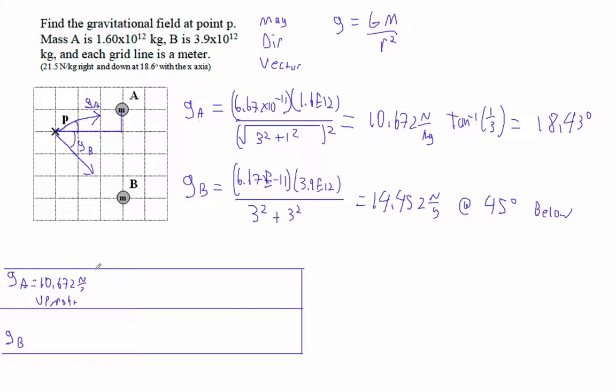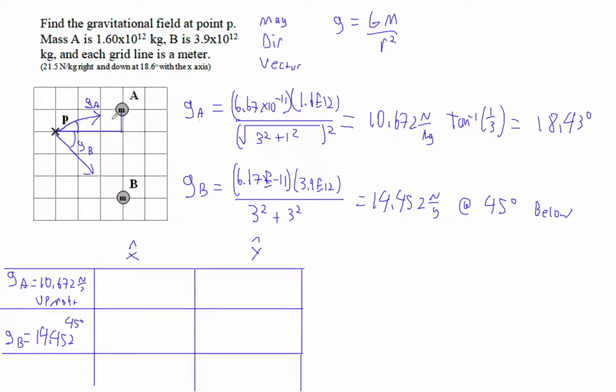Okay, so let's draw. And then we'll do the x direction. We'll do the y direction. And then G_B is equal to 14.452. And then that angle is 45 degrees, right? And this is down.